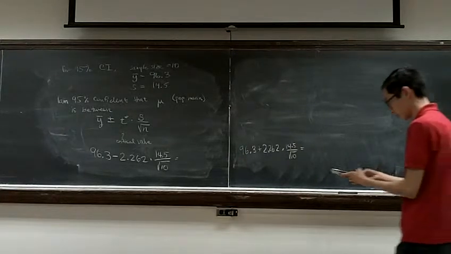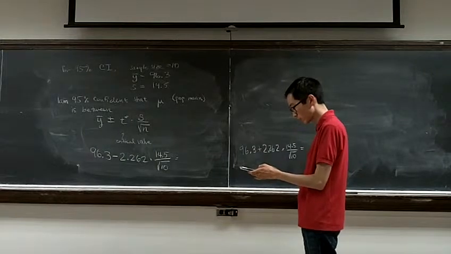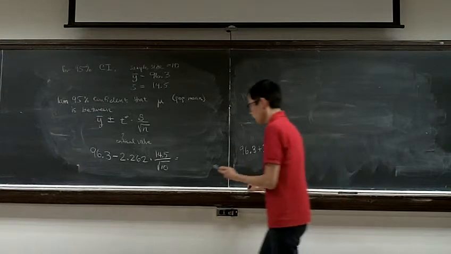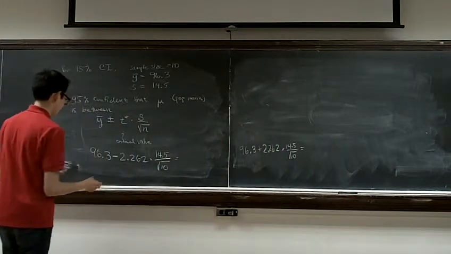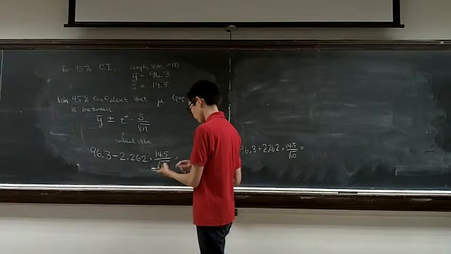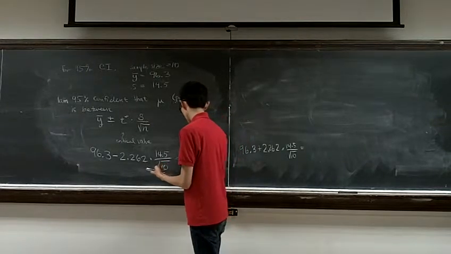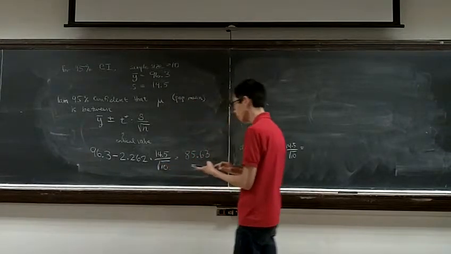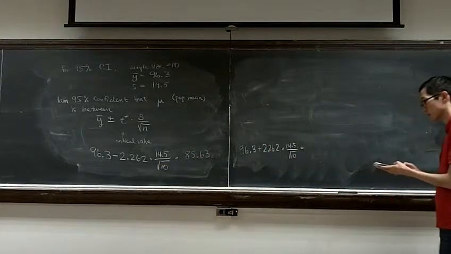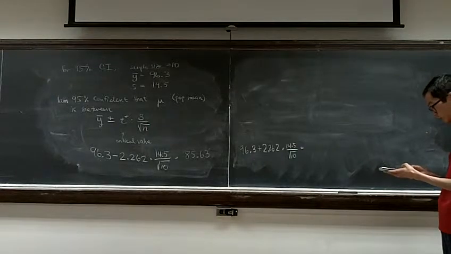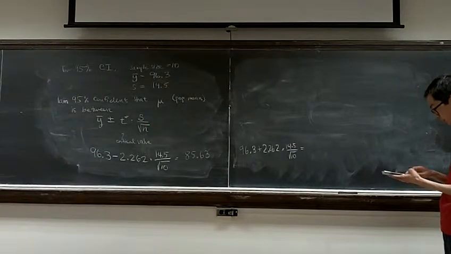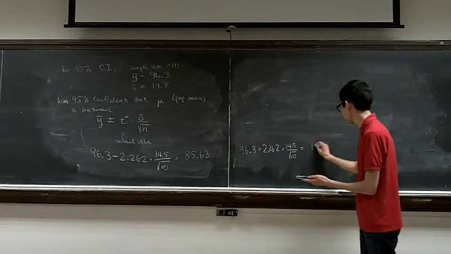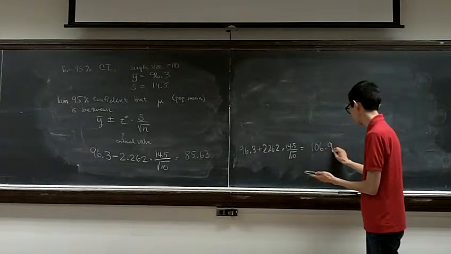Okay. So let's do this. 14.5 divided by the square root of 10 times 2.262. So I get 85.63, okay, to 106.97.